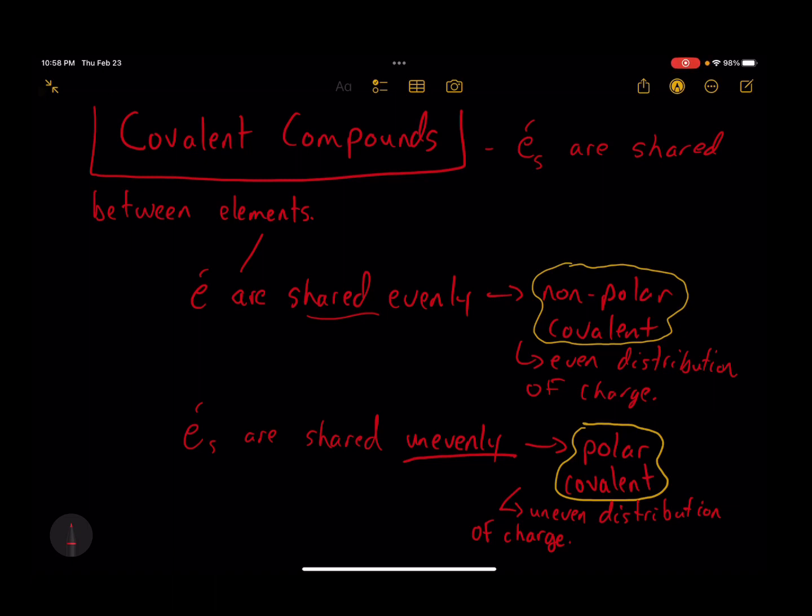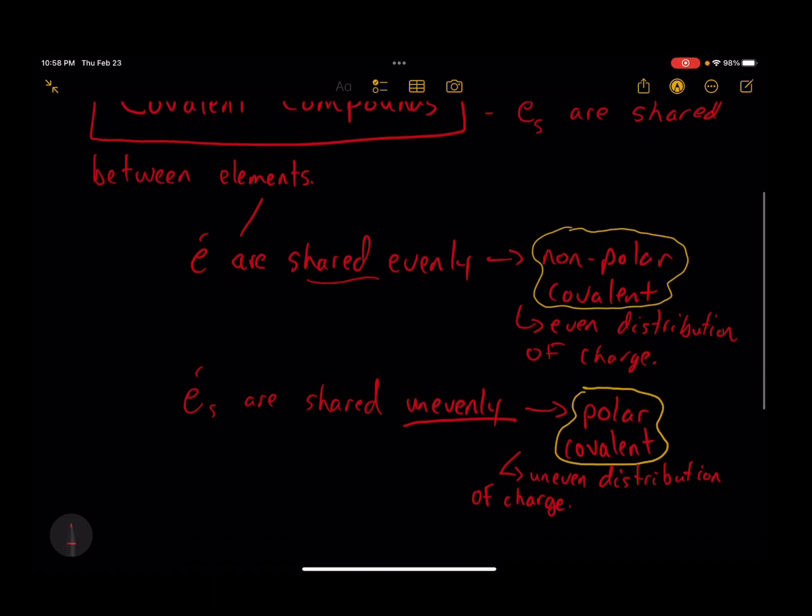Now let's say electrons are shared unevenly, so one atom is more electronegative than the other and is therefore going to pull the electron closer to its valence. Well, if the electrons are shared unevenly, we say that it is a polar covalent compound. And in physics terms, that would be polarized. So there's an uneven distribution of charge.